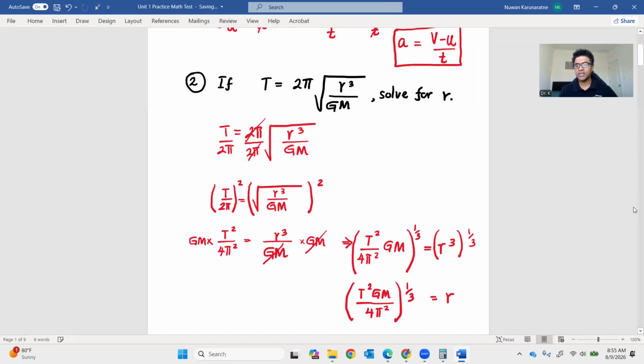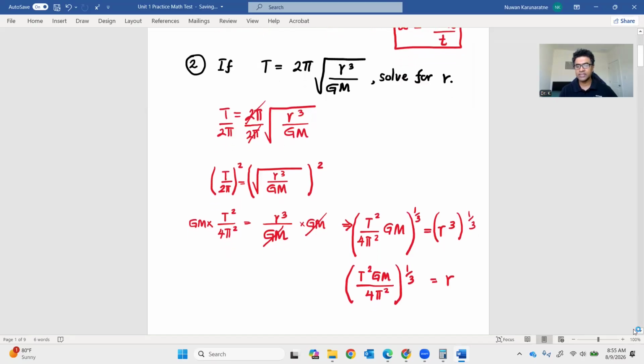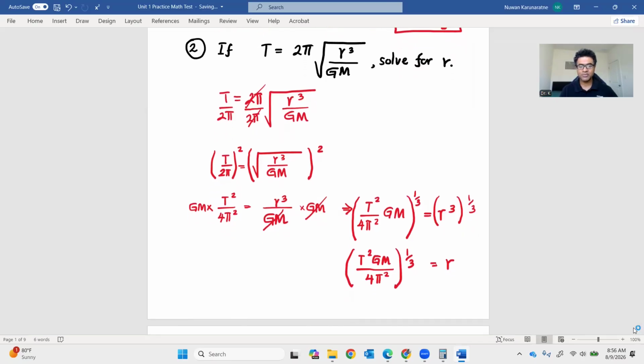There's another way, if you like, you can write it in this way. So I'm just going to move my answer over here. Cubic root can also be written in this way. So r is equal to the cubic root.